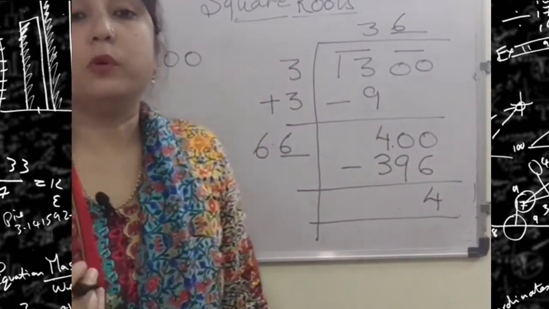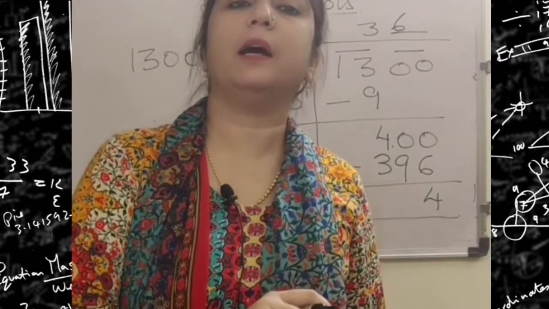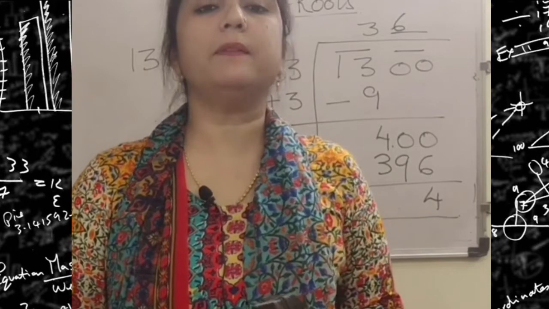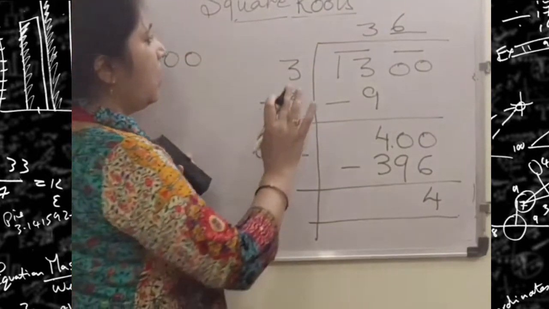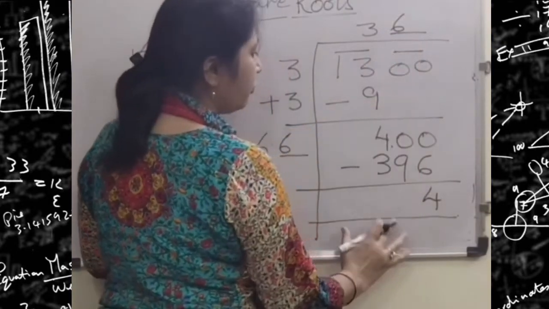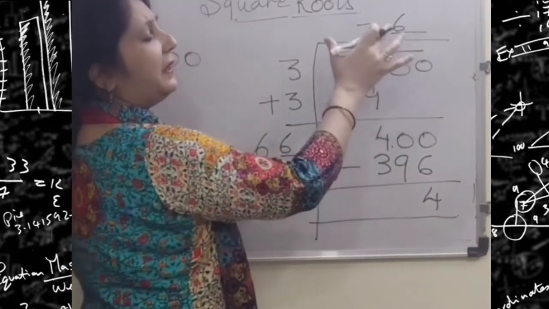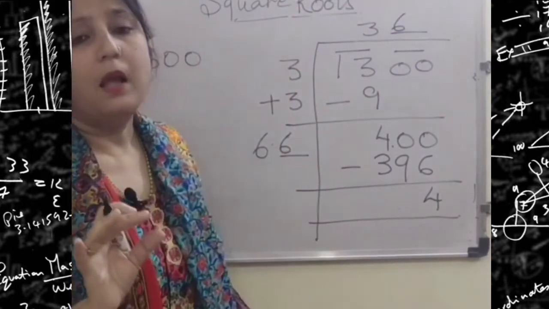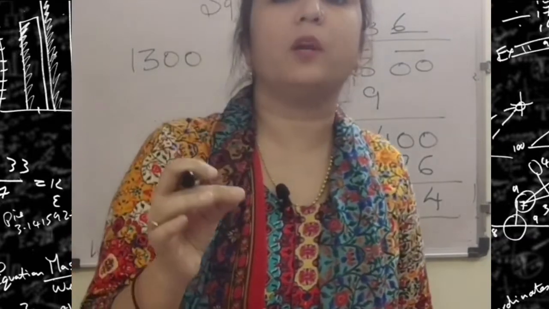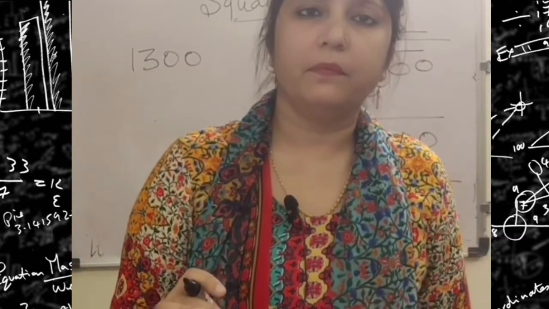But what would be the further working? It is not same as you have done in what should be subtracted. So what we will do, one thing you have understood from this process, that 1300 is greater than the square of 36 but less than the square of its successor, that is 37.